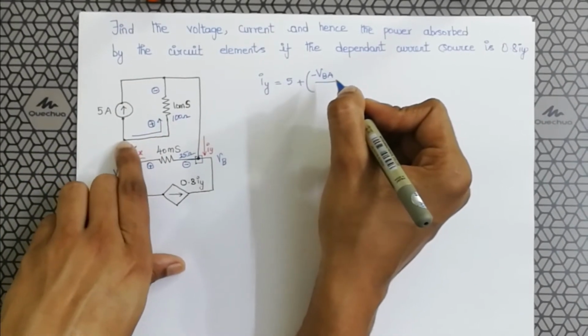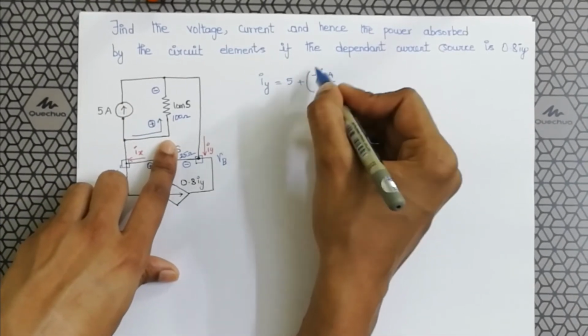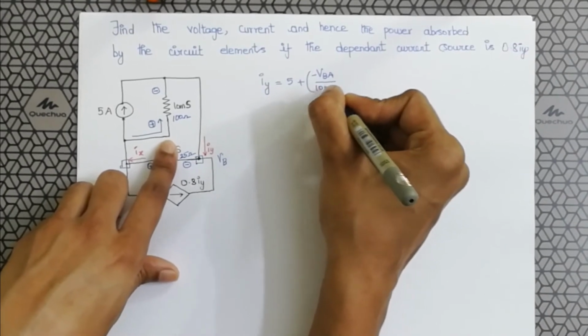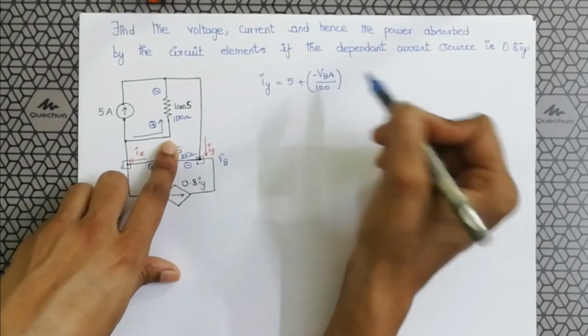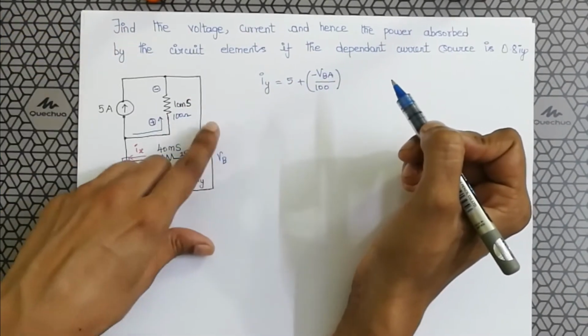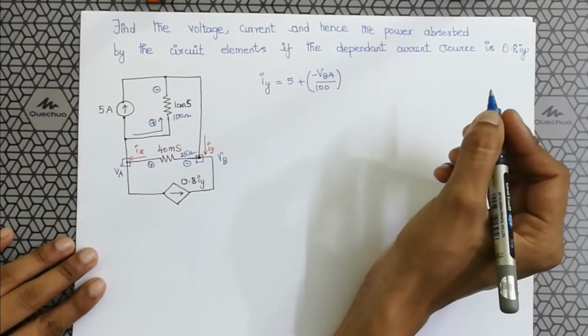So we are assuming that the current is from A to B in this circuit, so let us consider the voltage to be minus VBA, divided by the resistance 100 ohm. Current is voltage by resistance according to Ohm's law. So this current is the voltage across this divided by the resistance 100 ohm. Iy is 5 minus VBA by 100.